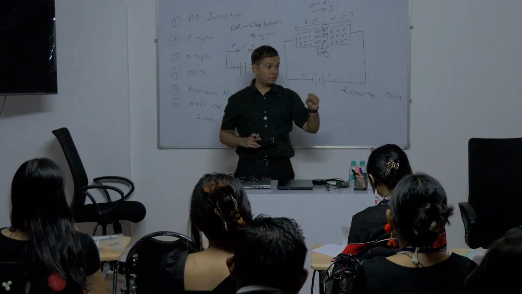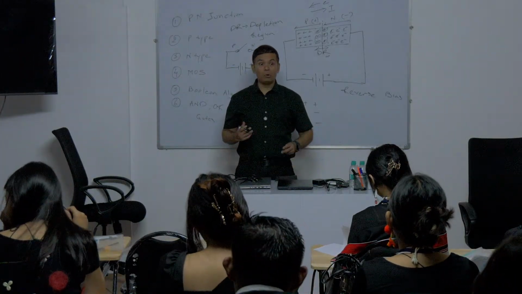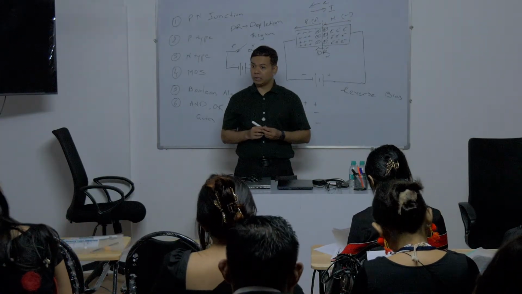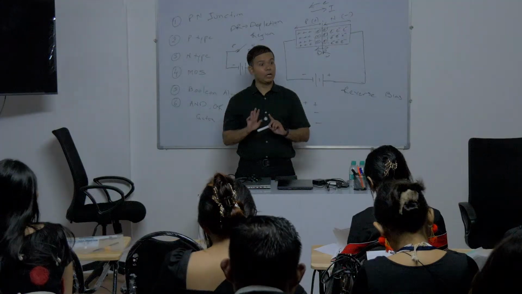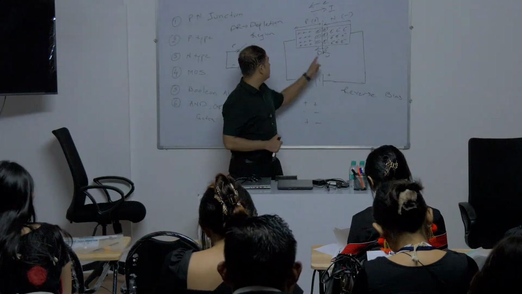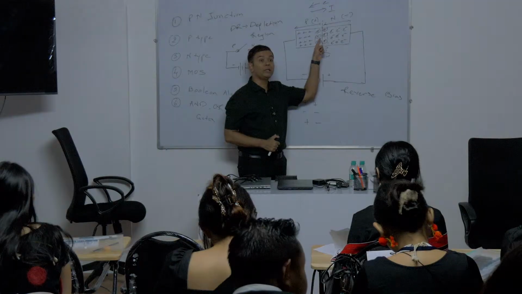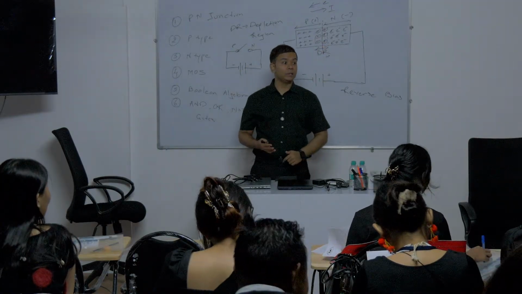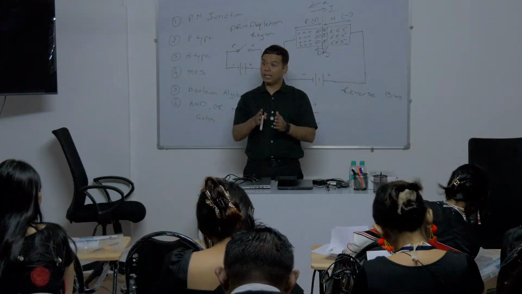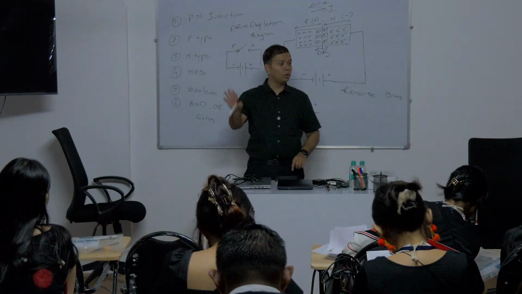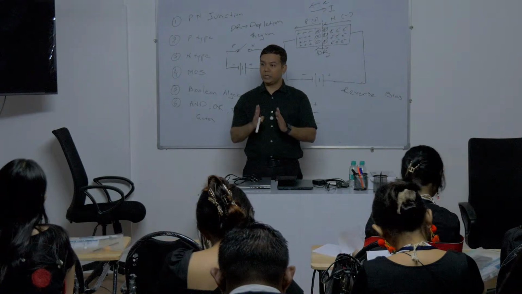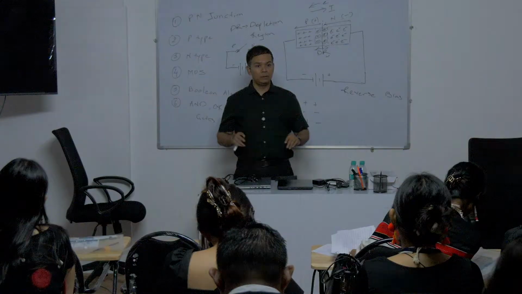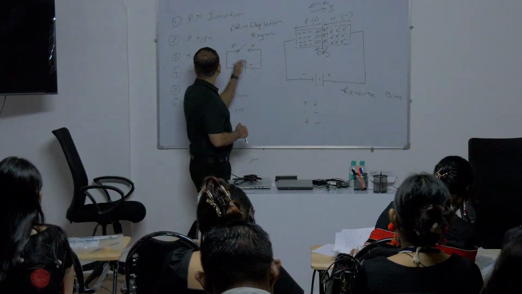What are mobile charge carriers? Holes and electrons. They are considered the mobile charge carriers, which are not present in this region, and that is why it is known as a depletion region. So our task is to overcome this depletion region, and only then can the current flow through that device. If the depletion region increases, then no current can flow. Clear to everyone? Right, so this is the PN junction.